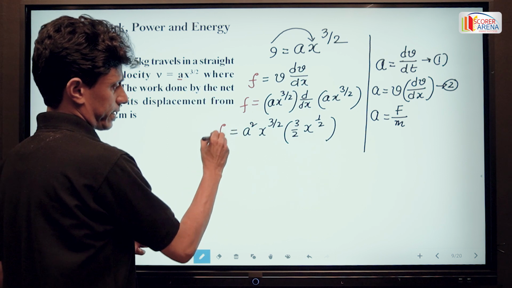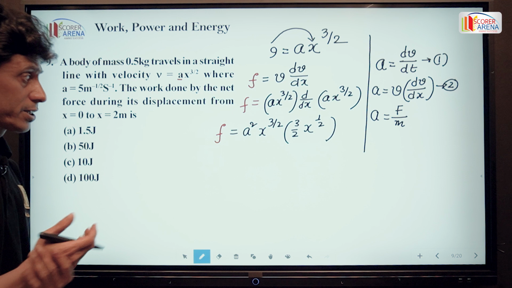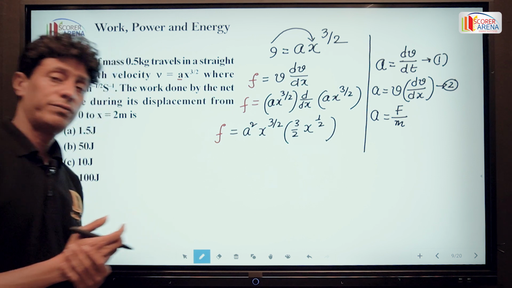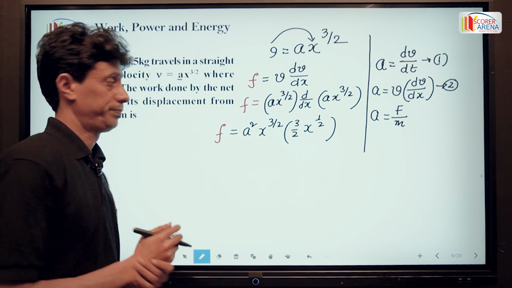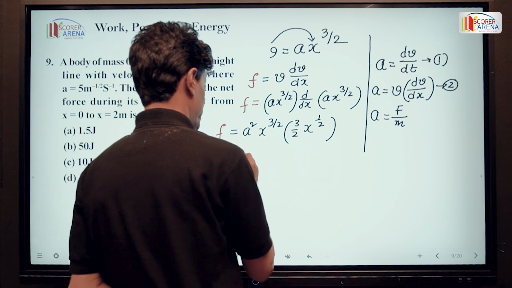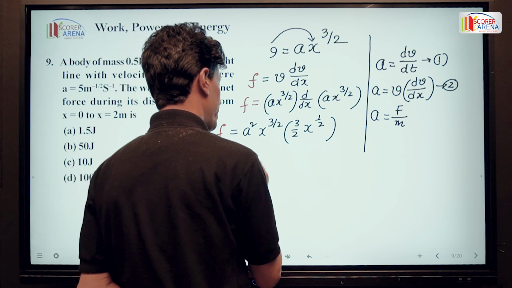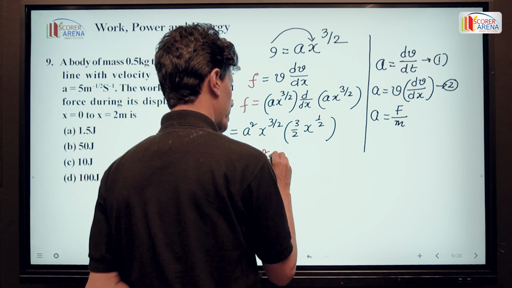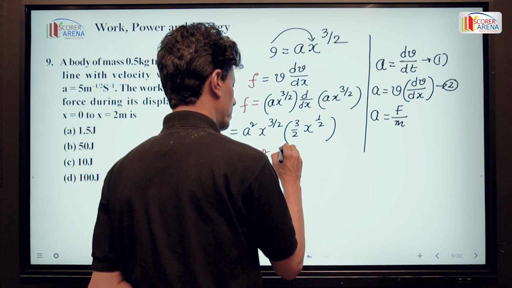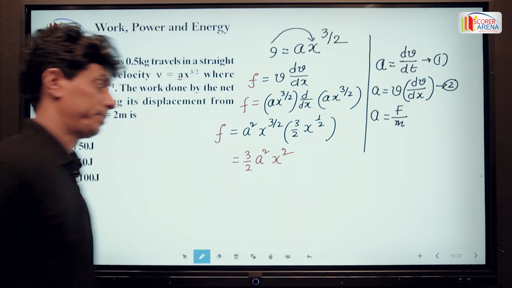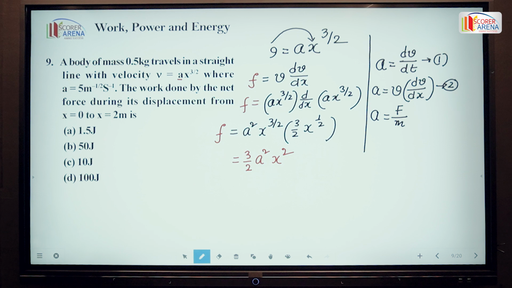Let us say the acceleration is f. F is equal to a square x to the power 3 by 2 into 3 by 2 x to the power half. So by simplification, 3 by 2 a square x square. So this is the acceleration of the particle.